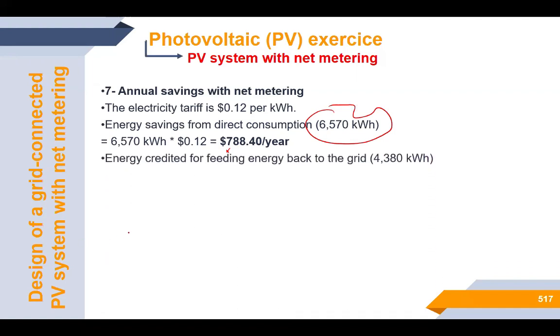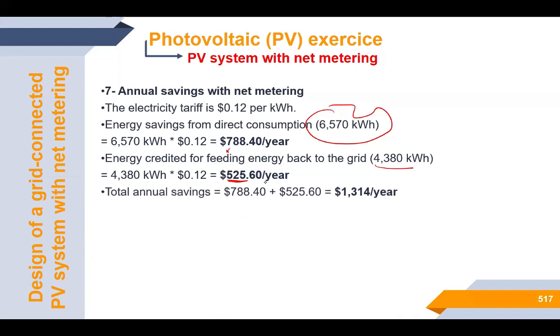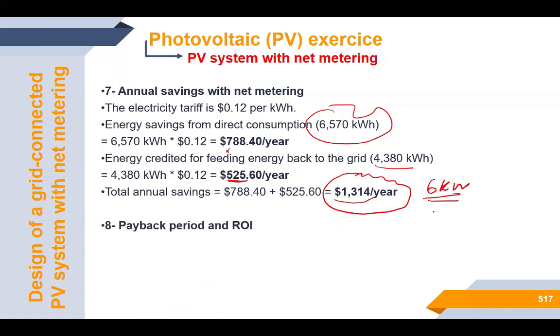The energy credits for feeding energy back to the grid, which is 4,300 kilowatt hours, is about $525 per year. Okay, so the total is about $1,300 per year. This is the benefit from the energy produced by this 6 kilowatt PV plant with net metering.